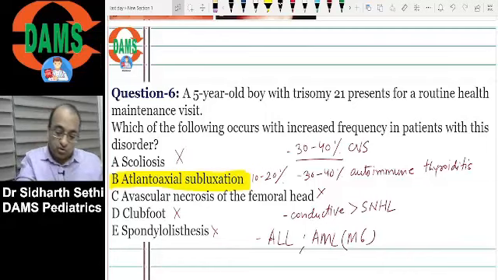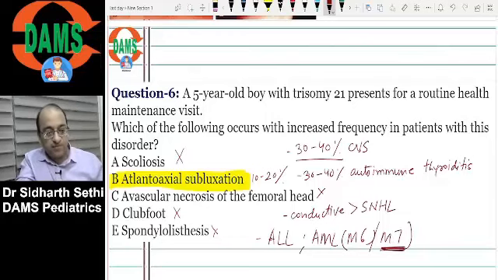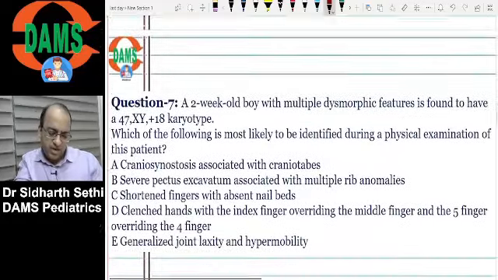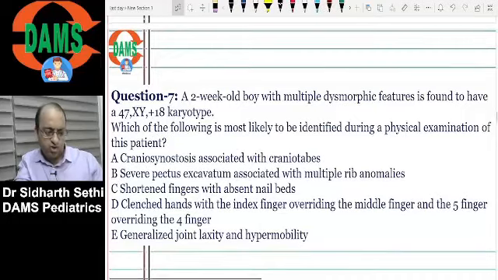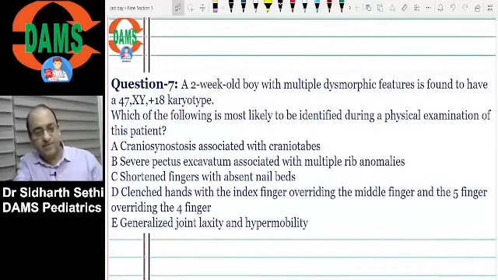M7 is also seen, and you are right, M7 is also more common as compared to M6. Okay, can we go further to the next question?